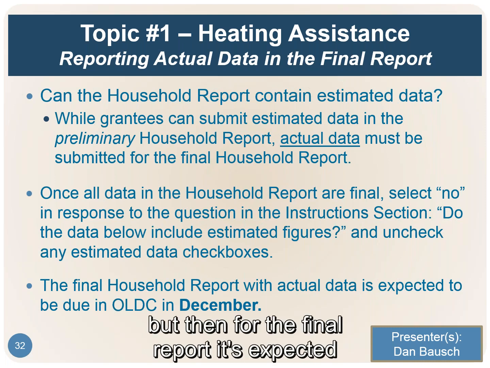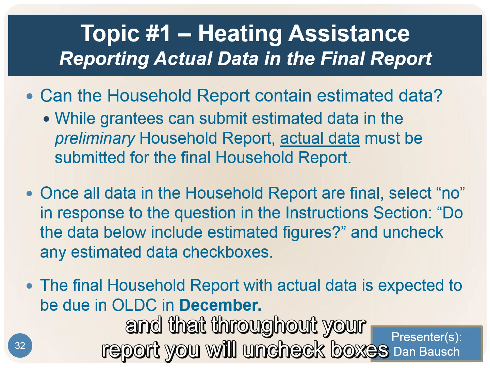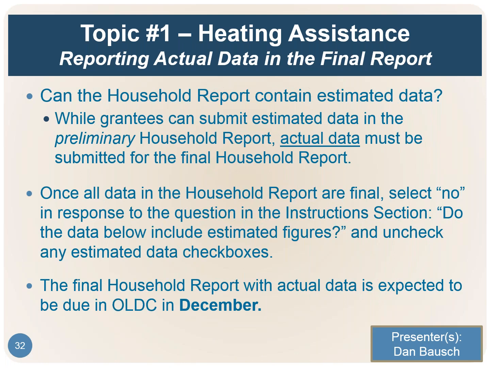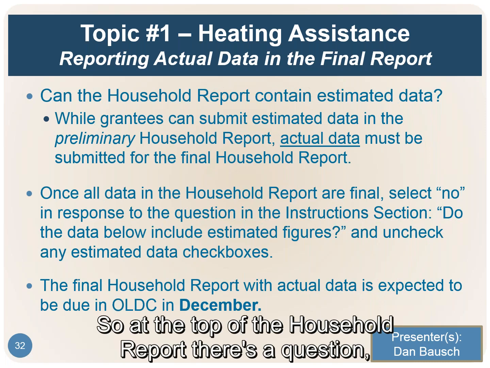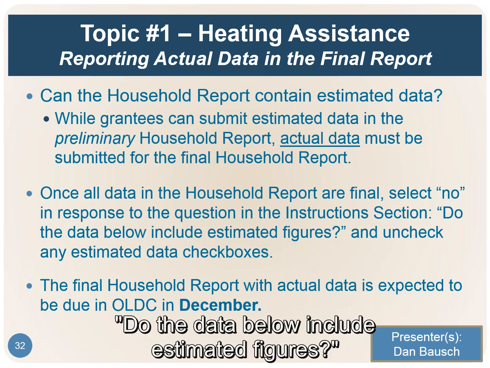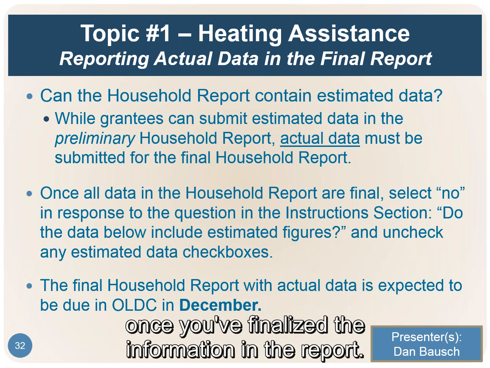But then for the final report, it's expected that you'll put final data in, and that throughout your report, you will uncheck boxes that are meant to indicate if your data is estimated or not. So at the top of the household report, there's a question: do the data below include estimated figures? And for the final household report, you should uncheck that box once you've finalized the information in the report.